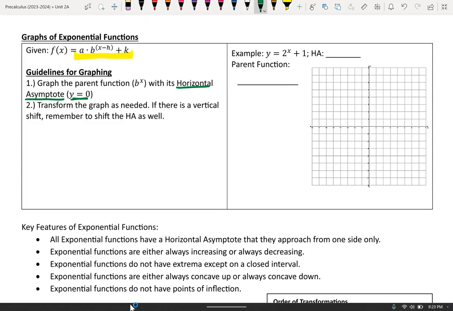So we are going to transform the graph as needed, and if there is a vertical shift, remember to shift the horizontal asymptote as well. So whatever our vertical shift is going to affect the placement of our horizontal asymptote.